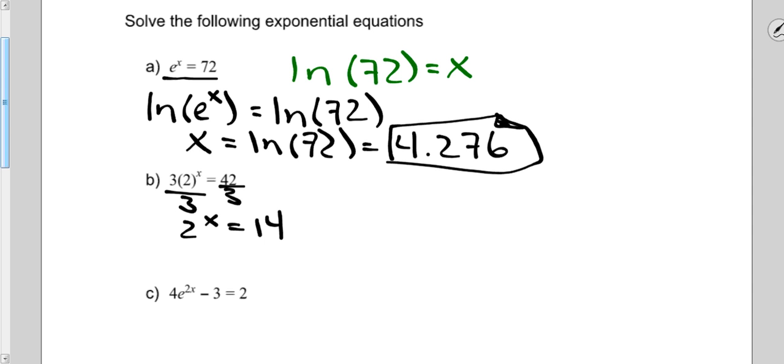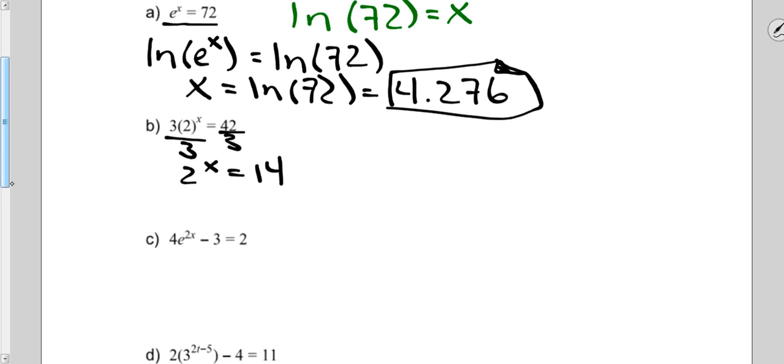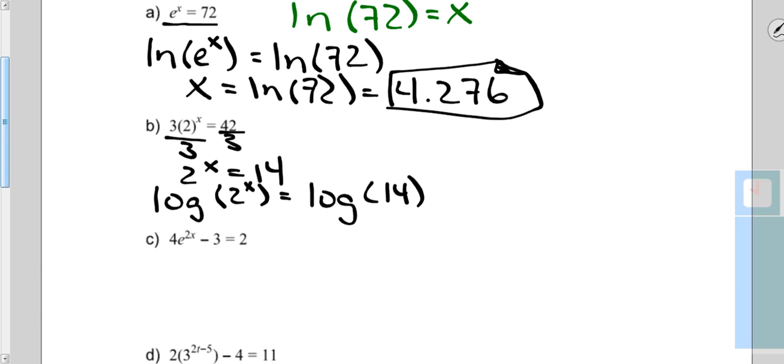Now, how do I undo the exponent? Log 2 of x equals log 14, like that?